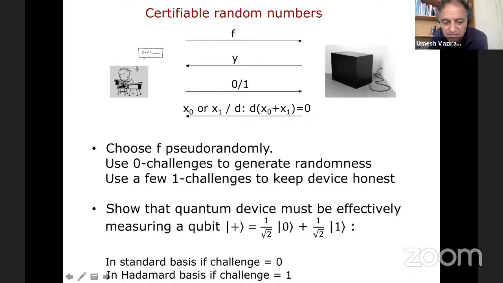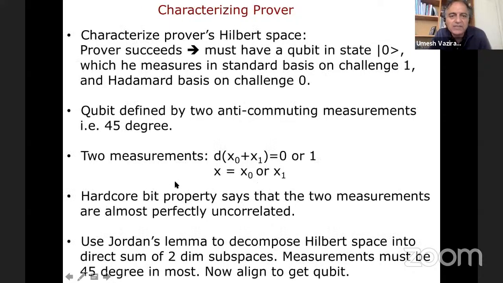In the standard basis, it generates randomness, and in the Hadamard basis, we are just checking that it's in that state. Okay, so in order to do this, we have to characterize the prover's Hilbert space.